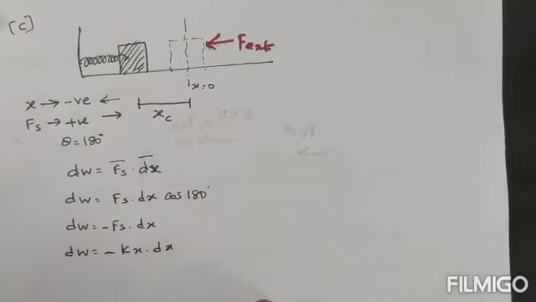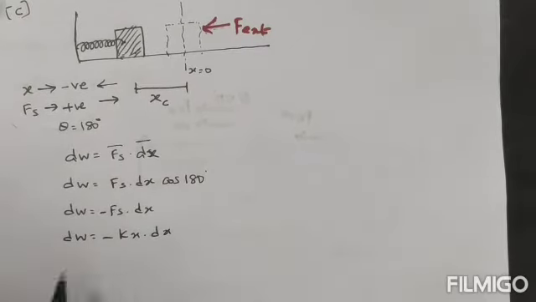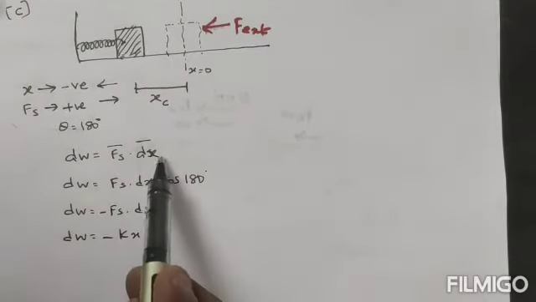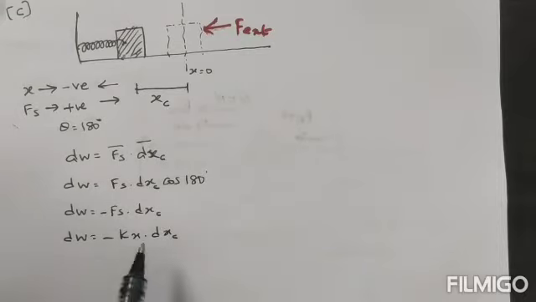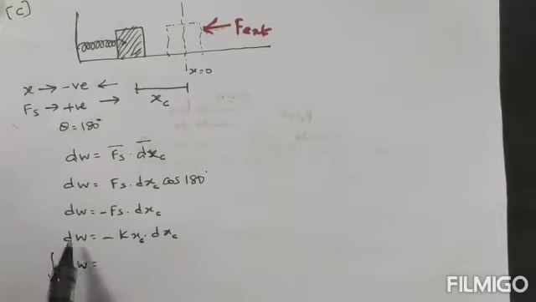Now let's integrate. Due to the compression, I simply put xc. After integration, we get the net work done, W. Integrate, k is a constant so take it outside, the remaining is xc into dxc.